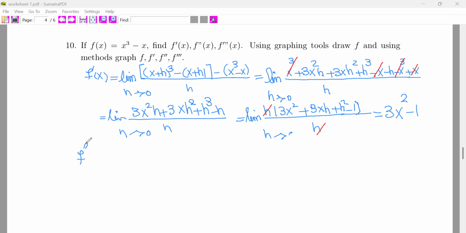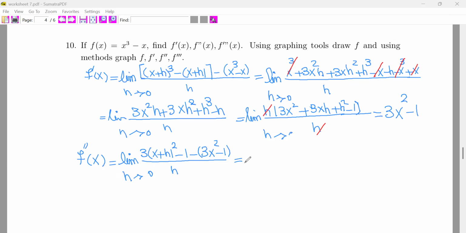Now, if we want to find f double prime, it will be limit of, so this is the function that we have here, and we are going to plug in x plus h squared minus 1 minus the original function, which is 3x squared minus 1, all over h when h is approaching 0.